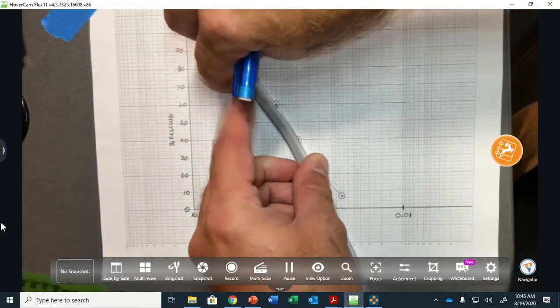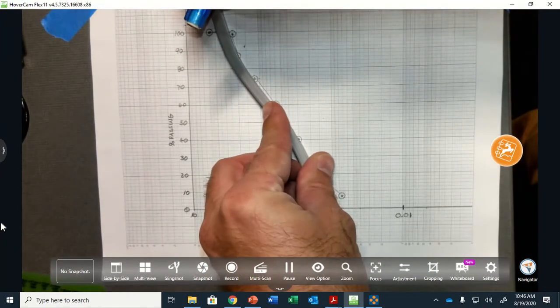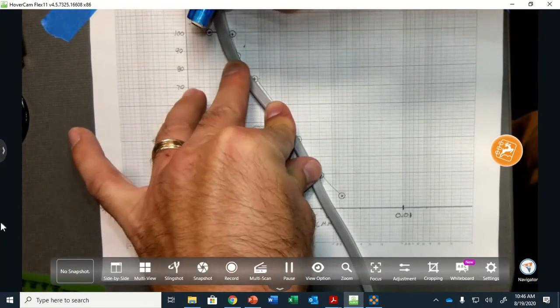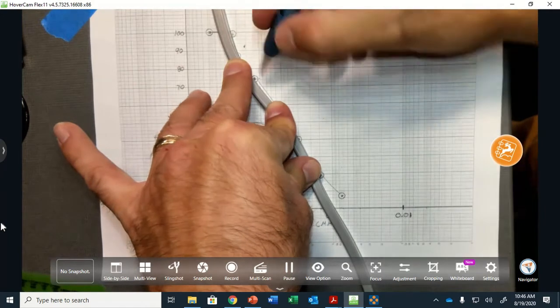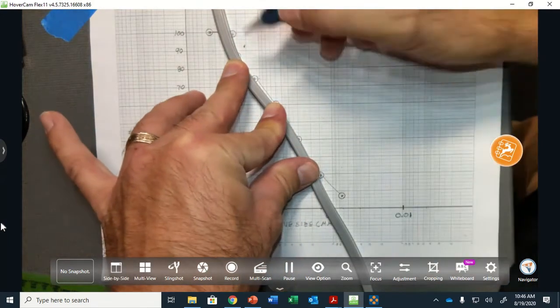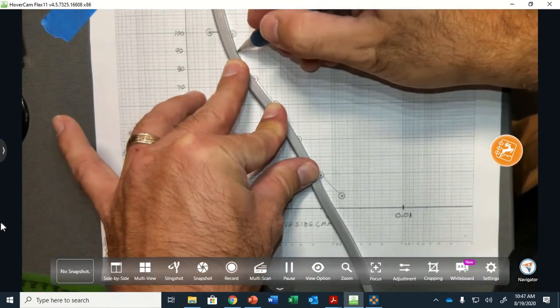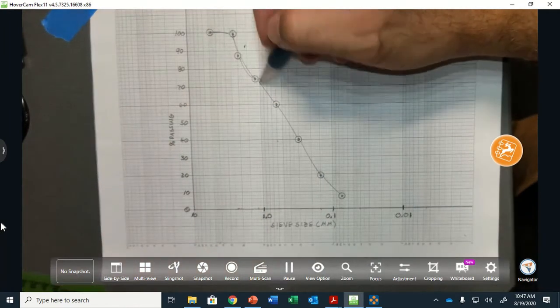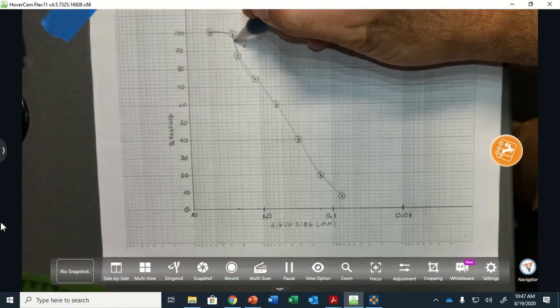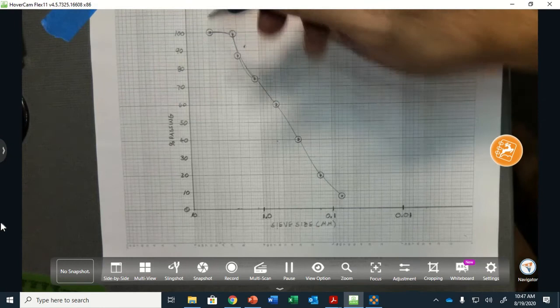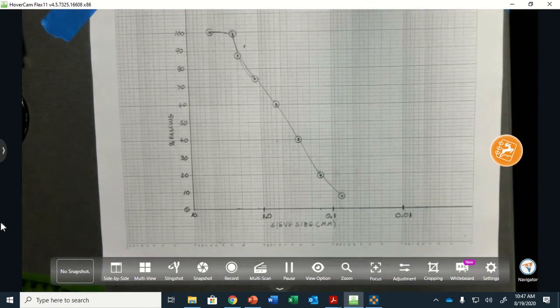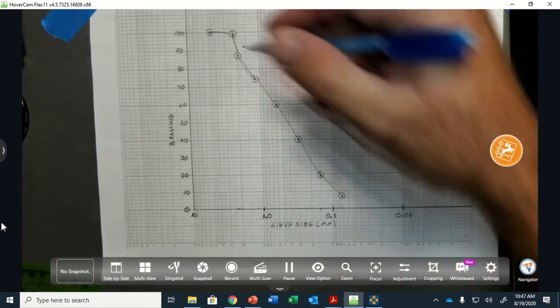The more you can match, see, and then this might be a better fit, maybe. It's tough. So, okay, all right. But you can kind of see this as, so that's how you plot a sieve analysis curve.